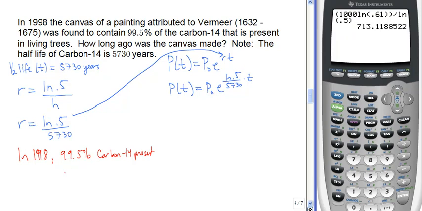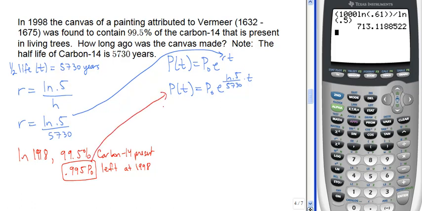So we have 0.995 times, or of, this initial P sub 0 left at 1998 in that particular year. So what we can do is use this value right here as our amount left.